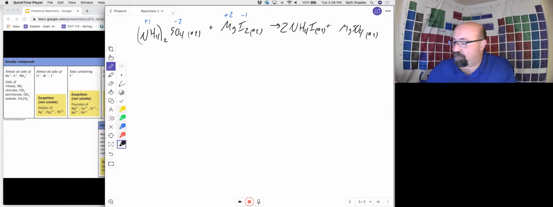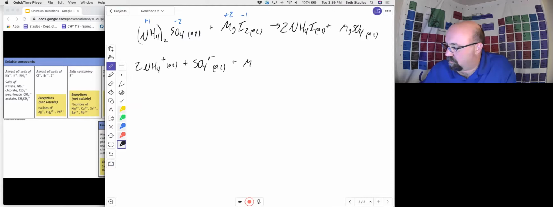Let's even look at the breakdown of the ionic equation for this one. We have 2NH4 plus AQ, SO4 minus AQ. We have our magnesium. So there's all of our reactants. And then our products.